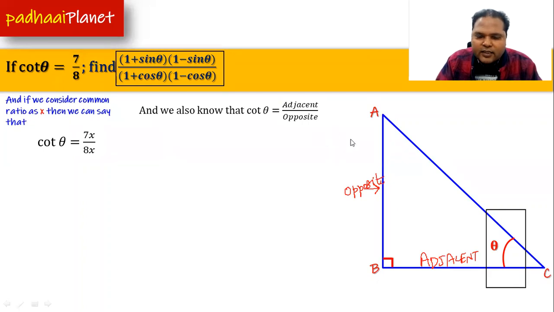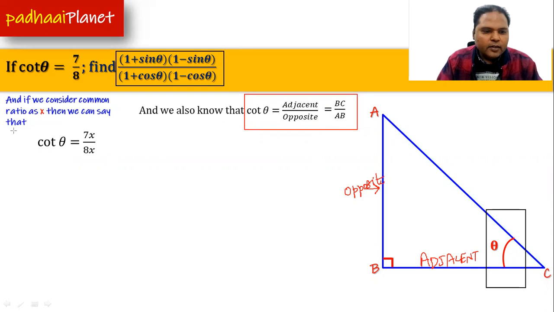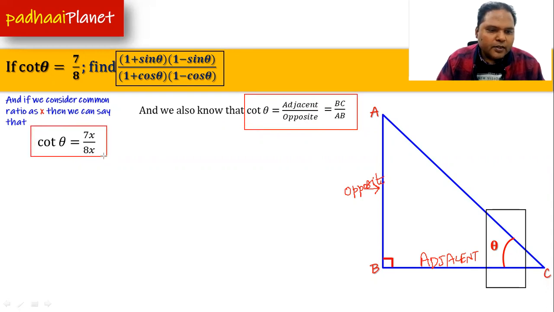Now if that is the case, then we can say that adjacent is equal to BC, and opposite is equal to AB. Now we need to compare the two relationships here: the first one, cot theta is equal to BC over AB, and the other one, cot theta is equal to 7x over 8x.